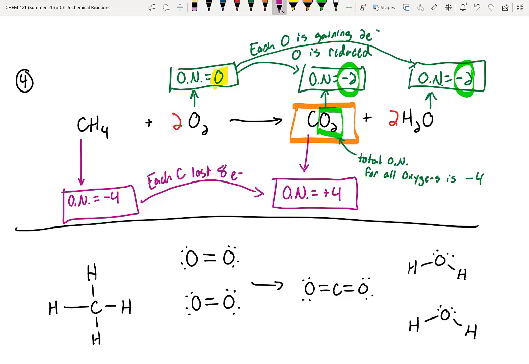So in this case, carbon is oxidized. All right, so now let's go back to the beginning. CH4, was this our oxidizing agent or reducing agent? Reducing. Okay, because it contains the carbon atom, an element that was oxidized, this must be our reducing agent.